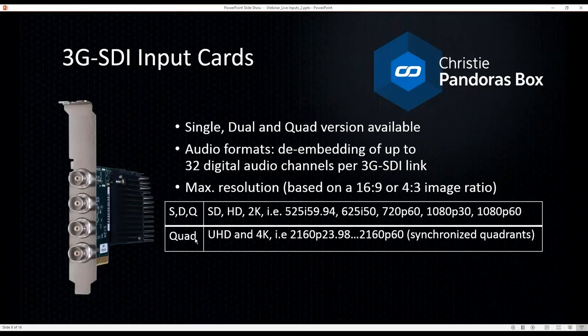For the quad card, there is a little bit of a specialty because here we can synchronize quadrants. I will explain this in a second. This enables us to also input UHD or 4K signals. So this one, 2160p, we can pretty much do everything between 24 and 60 FPS.